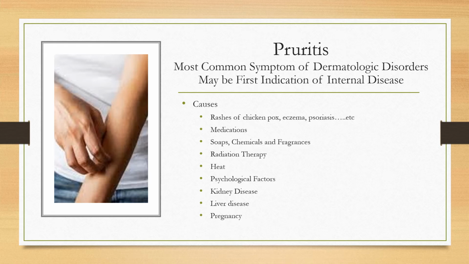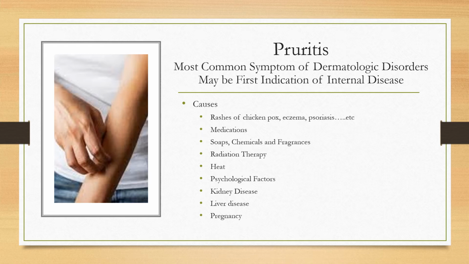Okay, so sometimes it's hard to figure out at the beginning, but certainly conditions that are affecting the skin, such as chickenpox, eczema, that we'll talk about, which is a really dry, scaly, fissured rash that can cause severe itching. Okay, psoriasis can cause some itching because of the plaques it forms.